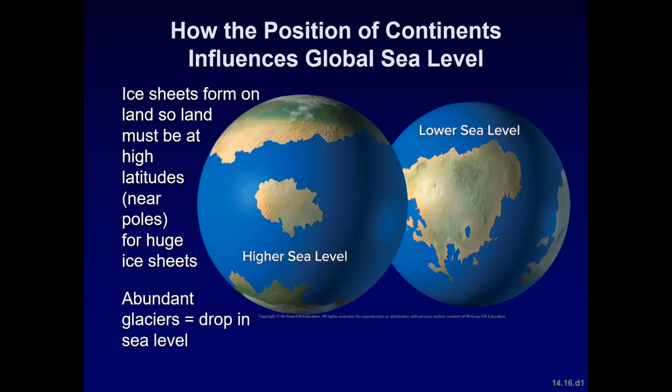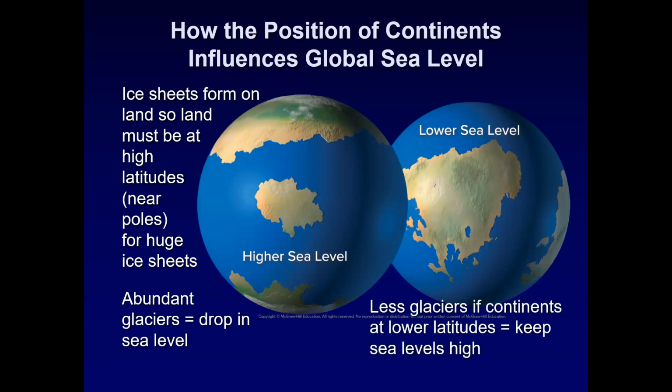That would be abundant glaciers, which result in a drop in sea level. So you would have less glaciers if the continents are at lower latitudes. Yes, and that would keep the sea levels high. So if the continents are towards the equator, sea levels would be high.